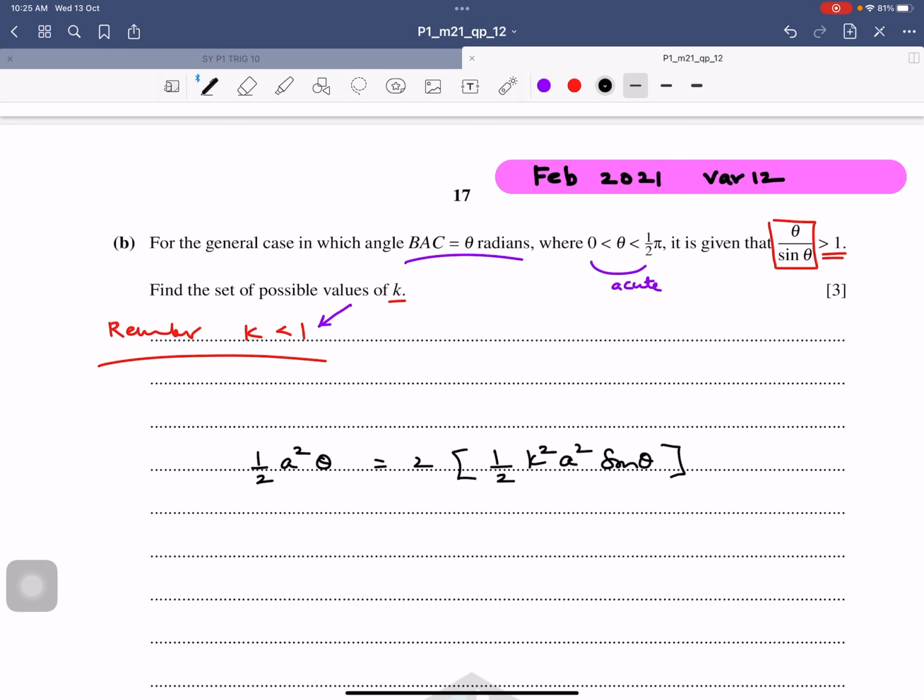So now that kind of strikes some bell. Half a square can be easily cancelled off. So what am I left with? I am left with theta is 2k square sine theta. Now what is the relationship given above? There is theta, there is sine theta.